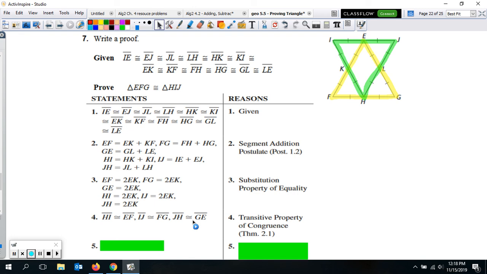And now what we have is a side for this one, another side for that one, and a side for this one. 3 sides, then we can say these are congruent by the SSS congruence theorem, because we just figured out the 3 sides of one triangle are congruent to 3 sides of the other triangle right here in number 4. And so then we can put our proved part down there, and the reason is the SSS.